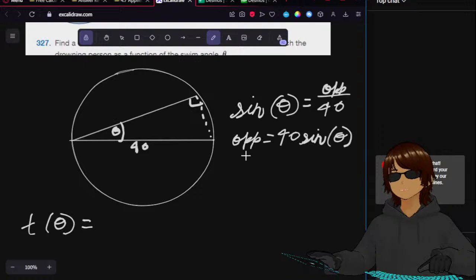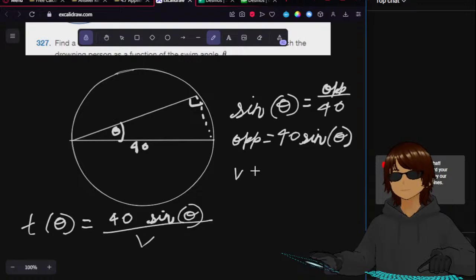And we want to measure it in time, right? So should it be V? No, no. Should be 40 sine theta. So the speed V is equal to distance and the time it would take.